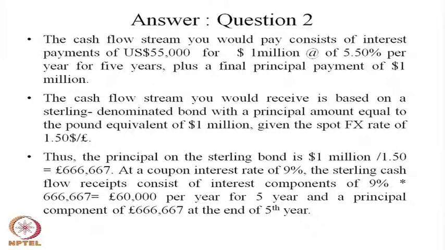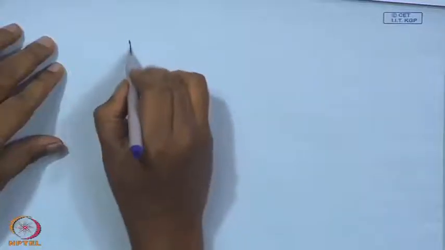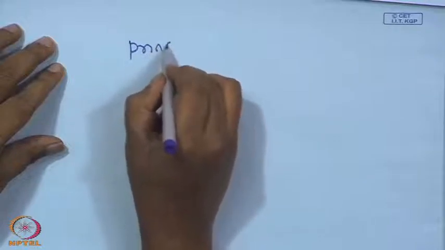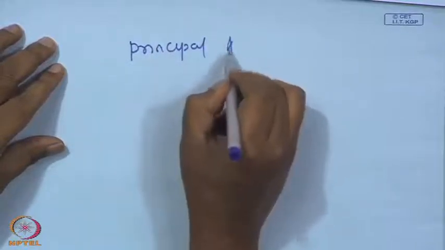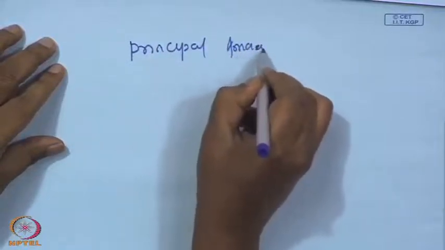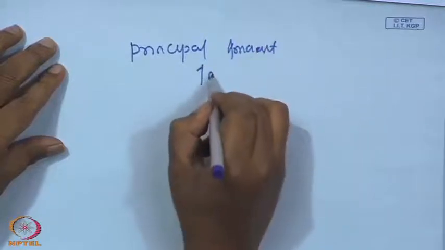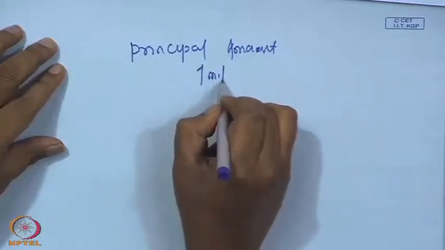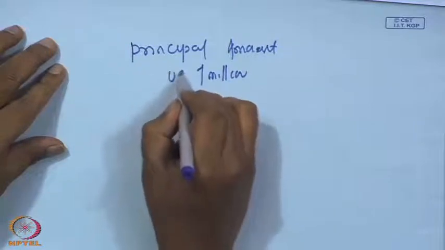So, here there are two parties, and two different transactions, one involved in pound sterling, another involved in US dollar. The principal amount is 1 million US dollar.